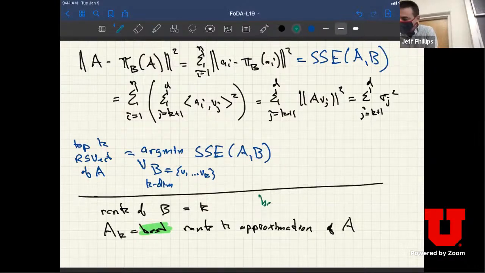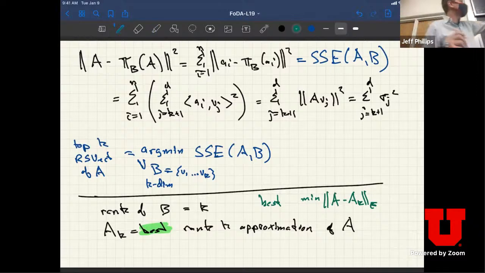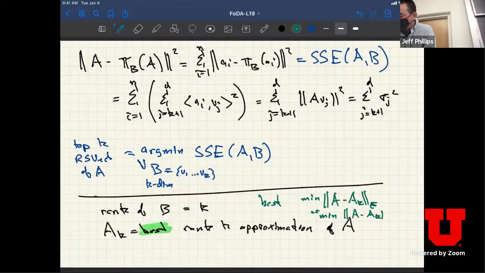I can either mean min of A minus AK in the Frobenius norm, where I look at the Frobenius norm of the difference between the two matrices, or you can also say the spectral norm.